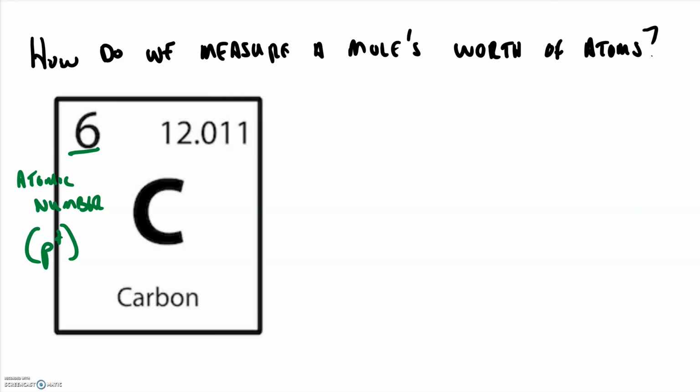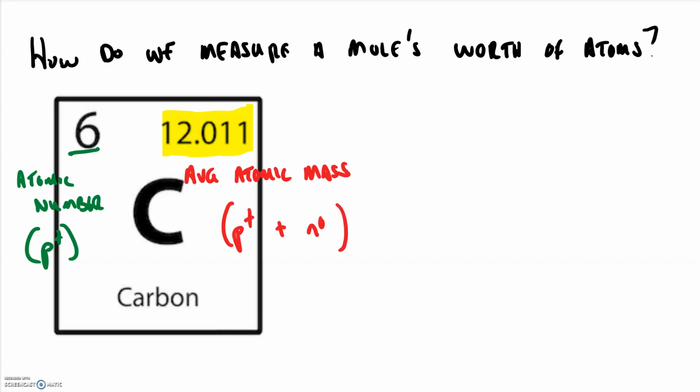It's also the atom's identity. We're going to ignore that one for now. We're going to focus on this number. If you recall, it's what we call the average atomic mass. And it is the number of protons plus neutrons.